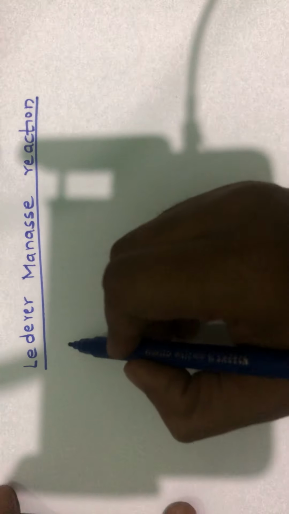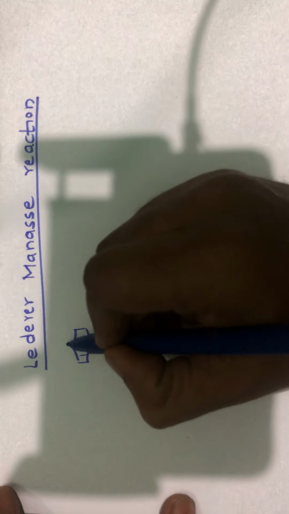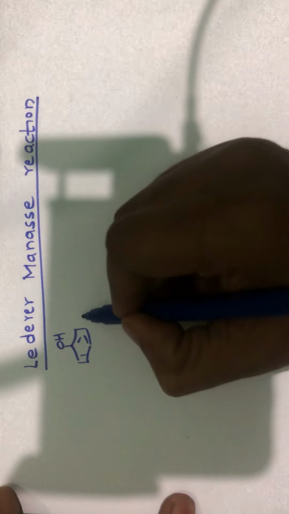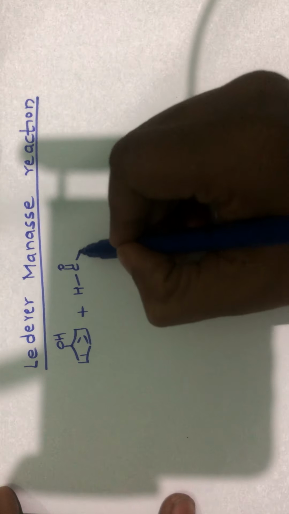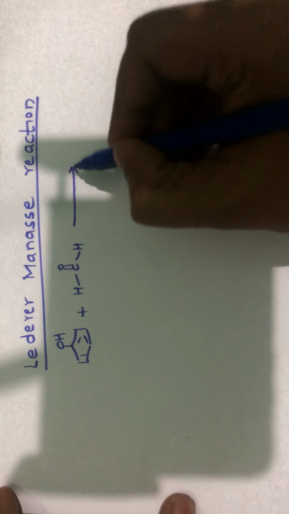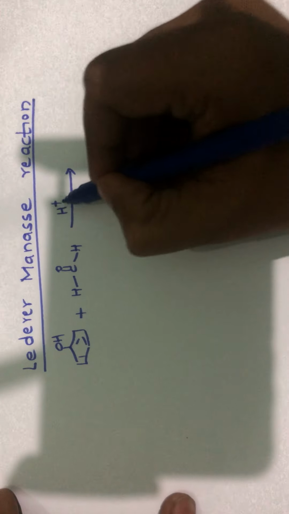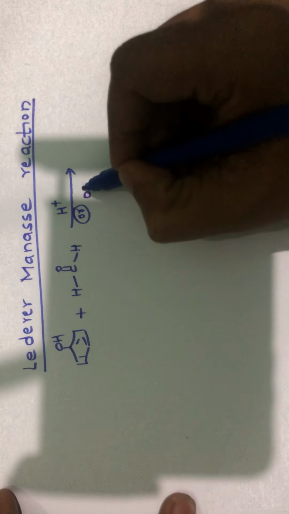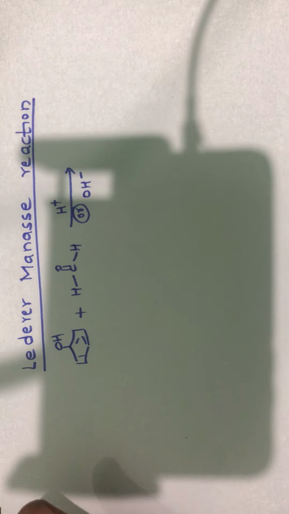This is a reaction between phenol and an aldehyde, here we take formaldehyde, H C double bond O H, in an acidic or a basic medium to form a condensation product.